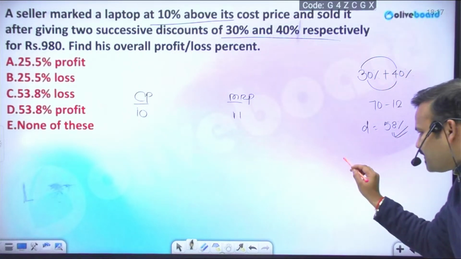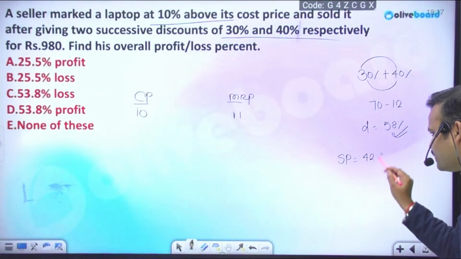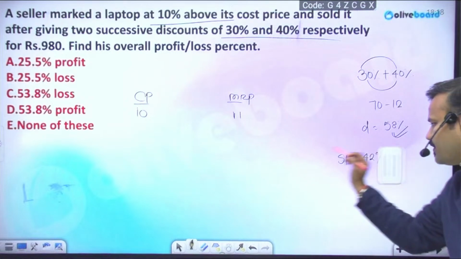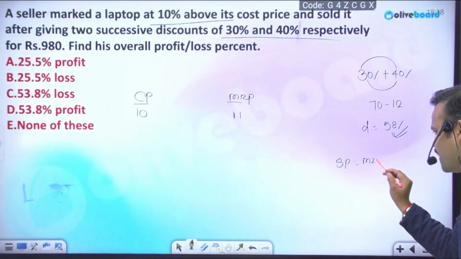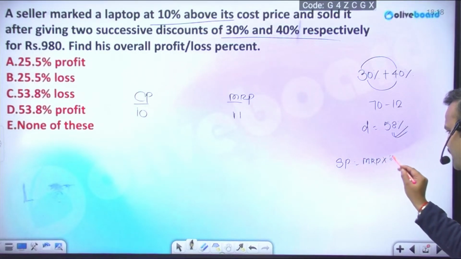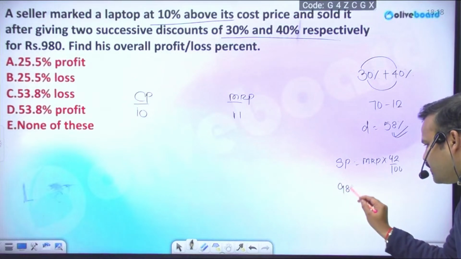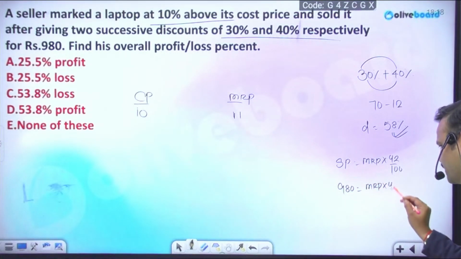That means the selling price represents 42% of the marked price, and this is nothing but 980. So 980 equals MRP times 42%.